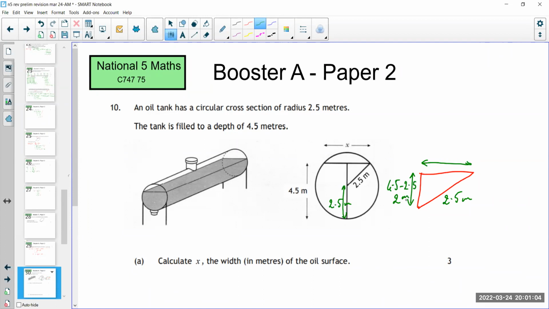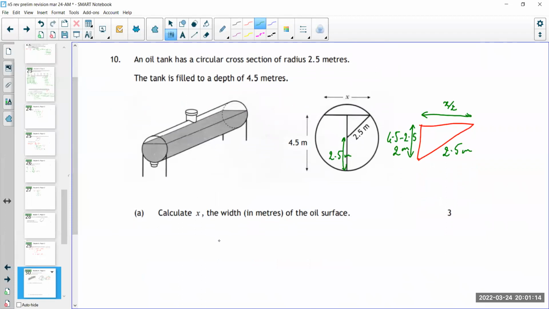So I've got short side, the longer side, and I'm looking for, here is x over 2, half of x. So I just need to find x over 2. So if we call that y, and you know that y square is the longest one square, 2.5 square minus the short one.